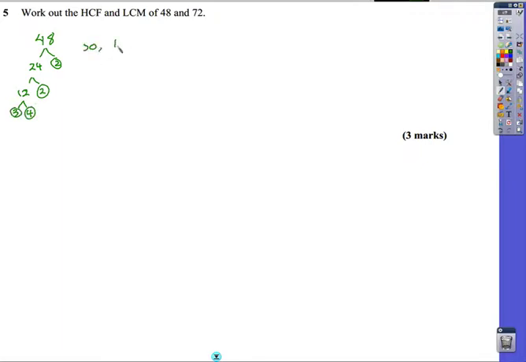So 48 as a product of its prime factors is 2 times 2. Oh, I keep making a mistake. Why do I keep thinking 4 is a prime number? 4 is not a prime number. It's 2 times 2. So 48 is equal to 2 times 2 times 2 times 2 times 3.